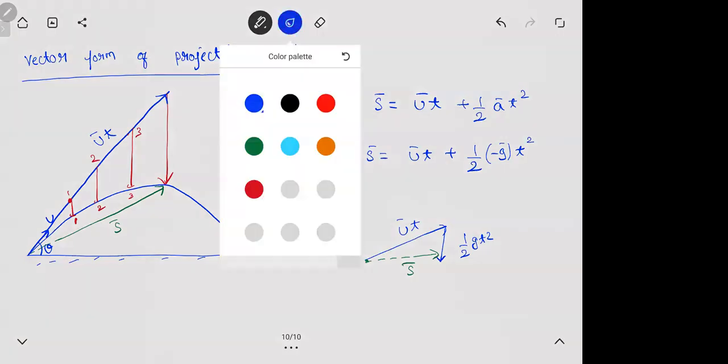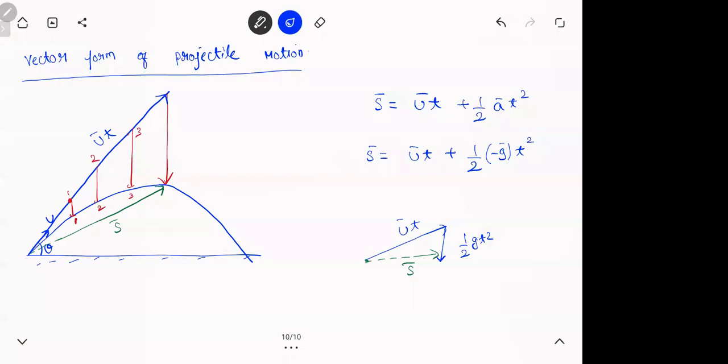It is just an idea of how it looks vectorially. So don't worry too much about it. That is the main thing. If you understood, it is great.